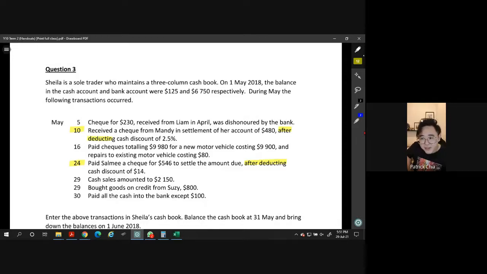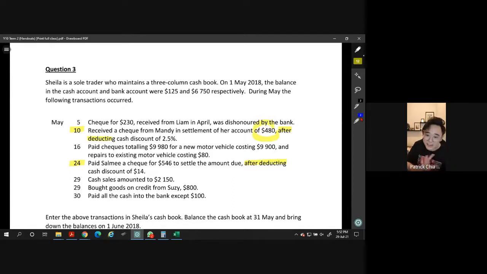Already minus? So I haven't minus yet. Okay, shall we say already? Others? Deducted? Okay. Any other answers? No. So okay. I mean, if you're not sure, it's okay. So for number 10, this 480, unfortunately, not yet.